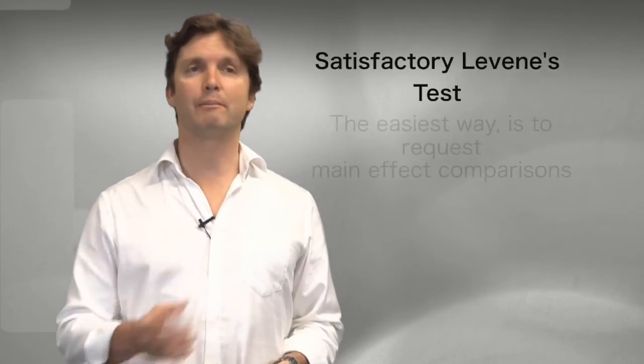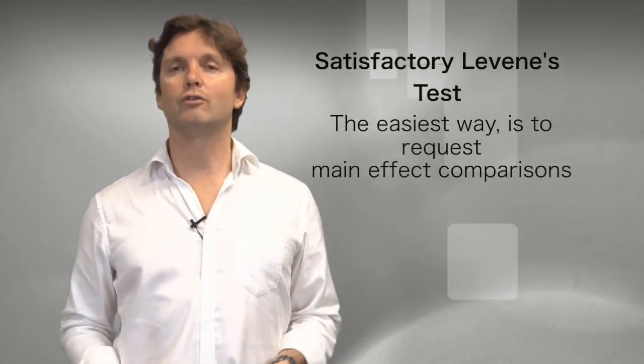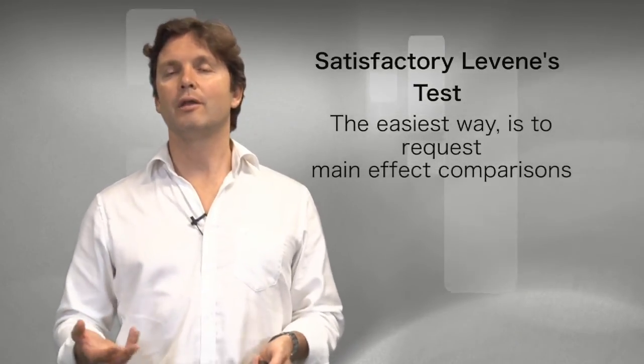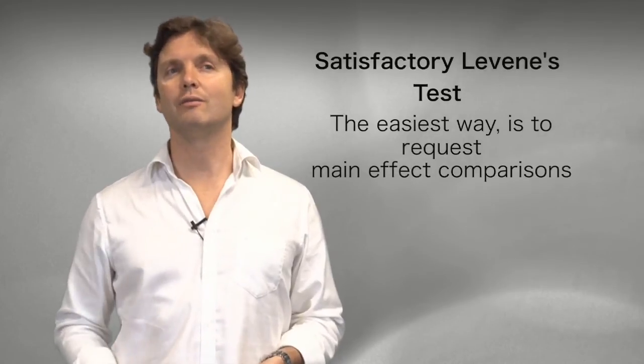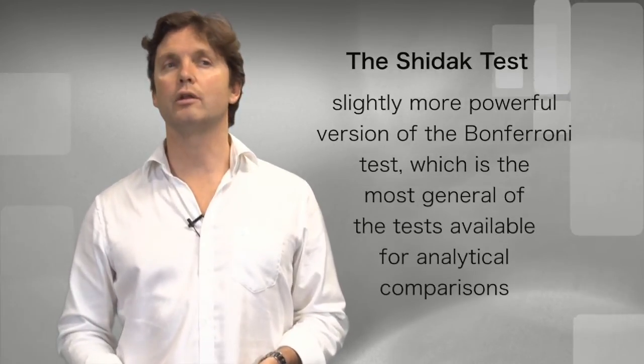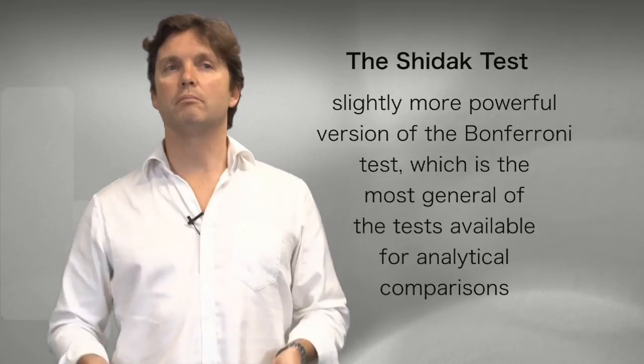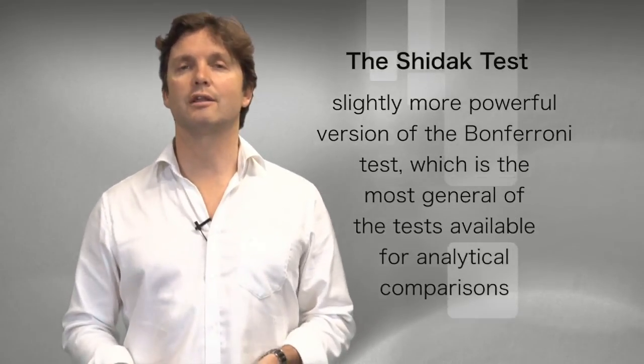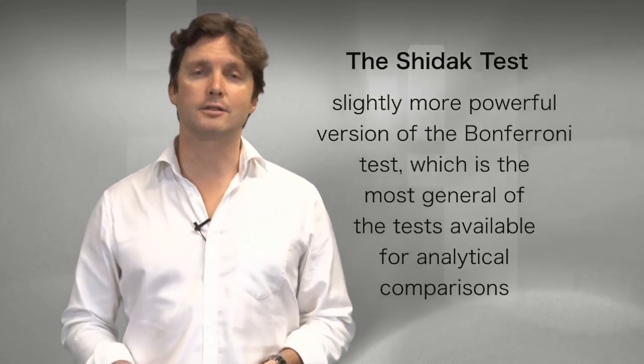And with a satisfactory Levene's test, which we found previously, the easiest way to do this is to request the main effect comparisons as I did previously when doing my point and click in SPSS. So the Sidak test is the preferred option, as it's a slightly more powerful version than the Bonferroni test, which is the most general of the tests available for analytical comparisons.